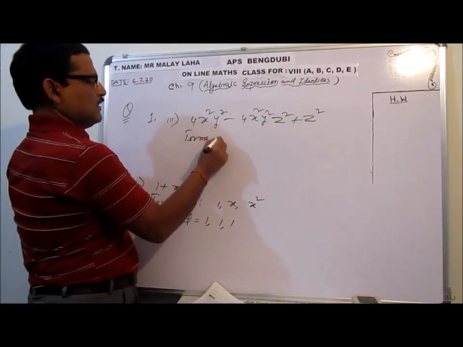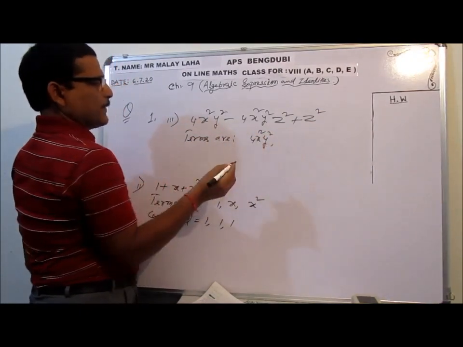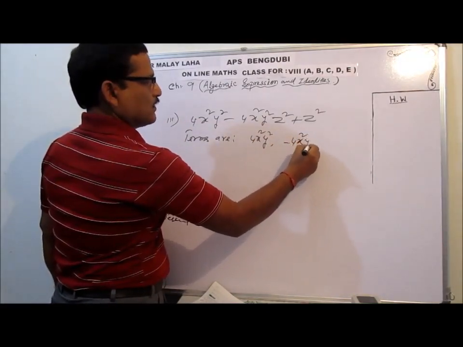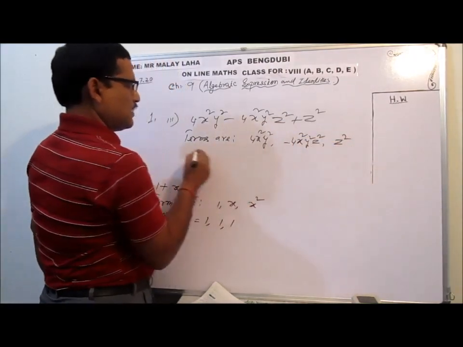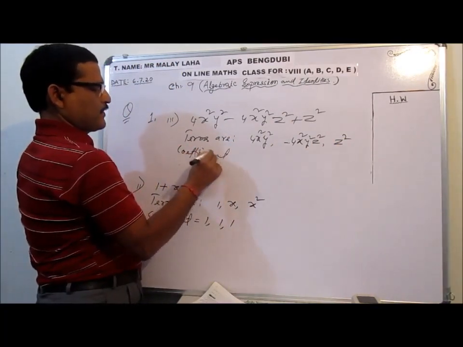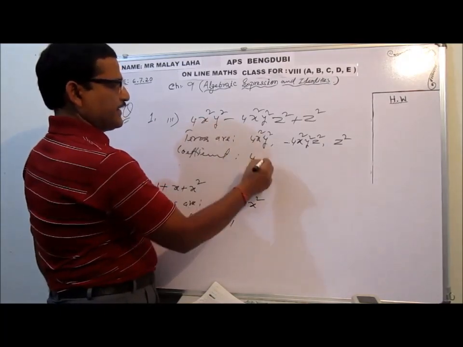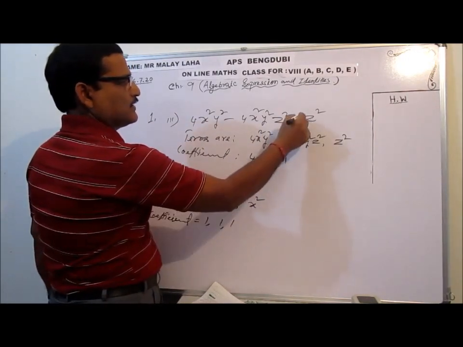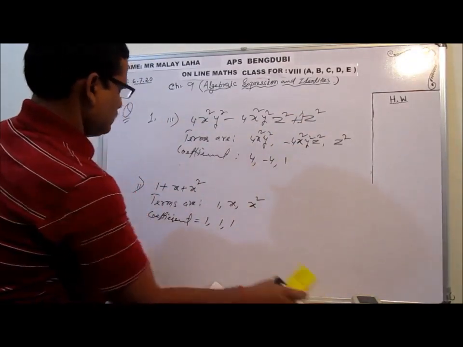Terms are 4x square y square, comma, this one is minus 4x square y square z square, next one is z square. And the coefficients: the first one is 4, second one is minus 4, third one is 1. Nothing is there. 1 is the numerical coefficient of each and every part. Okay.